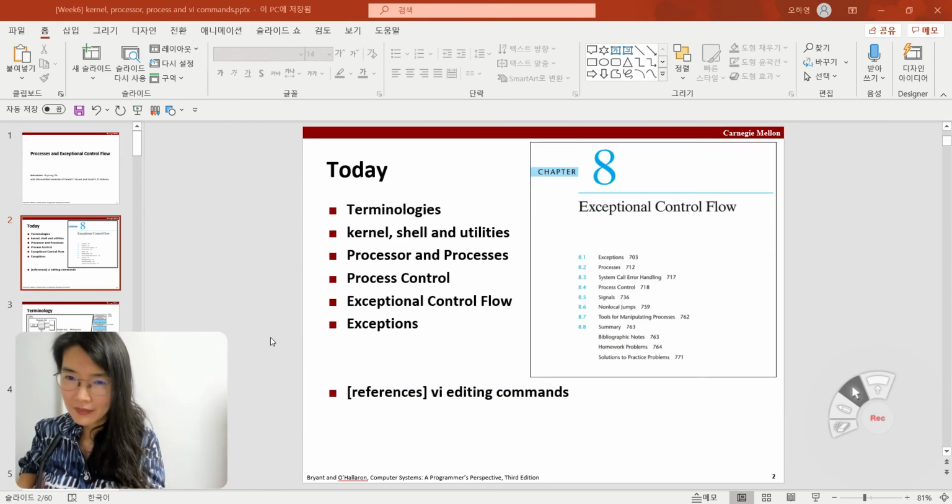Okay. So the contents: terminologies, kernel, shell and utilities, processor and processes, process control, exceptional control flow, exceptions. And we will touch the VI editing command for the C programming language on top of Linux.